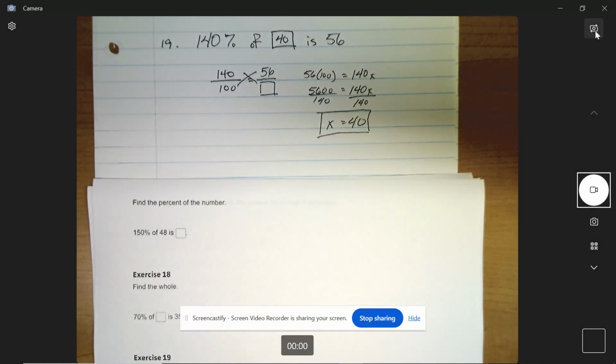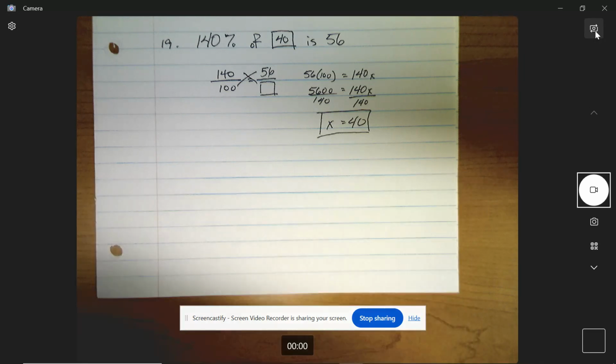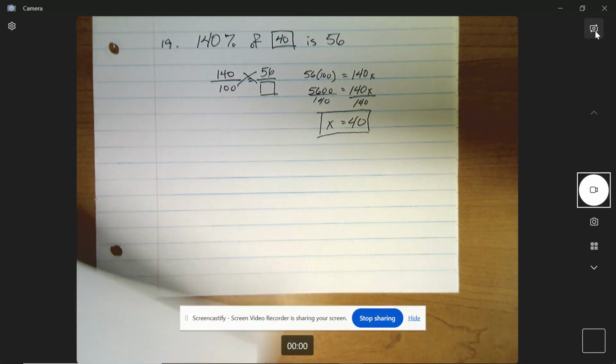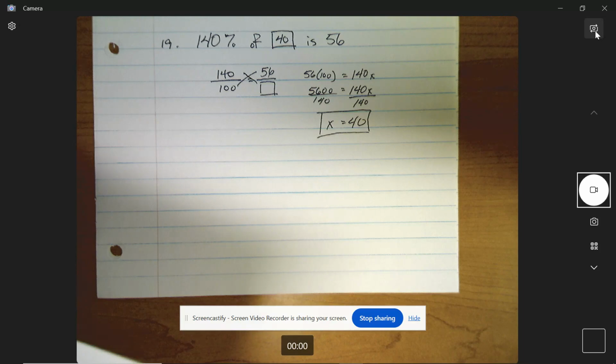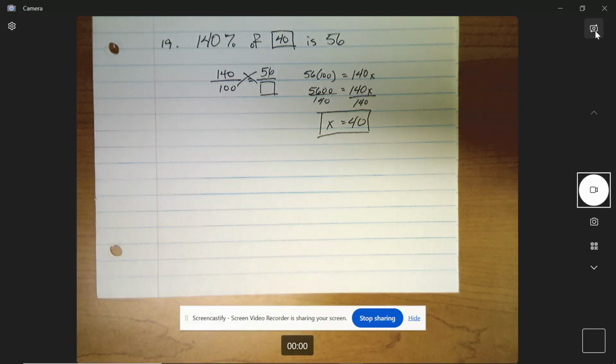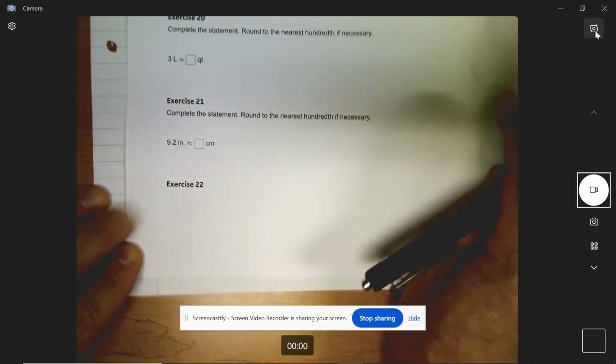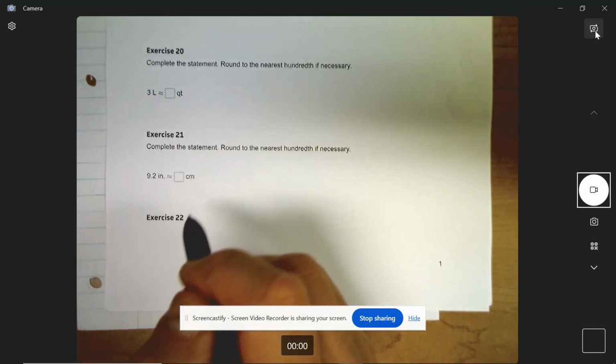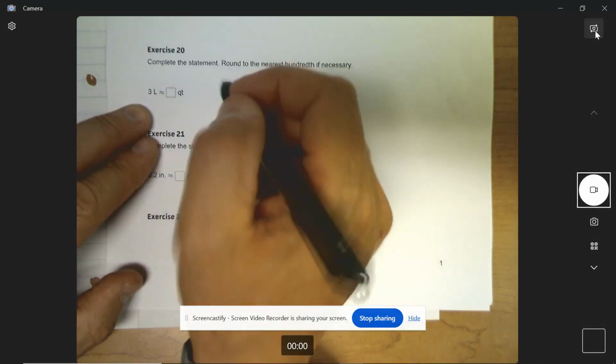Number 20, let's see, I don't think we did that. I don't think we did 20, 21, or 22. So I'm going to show these to you so that you have the answers, because we did not do the conversions. Miss Tracy, 3 liters is how many quarts?